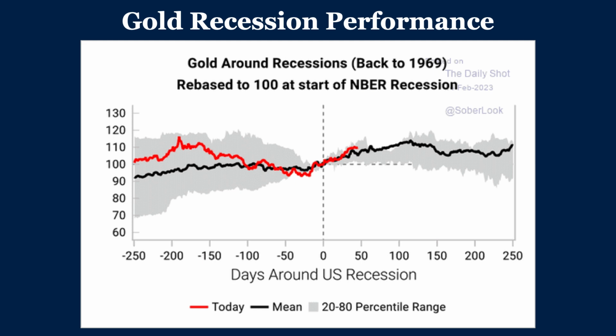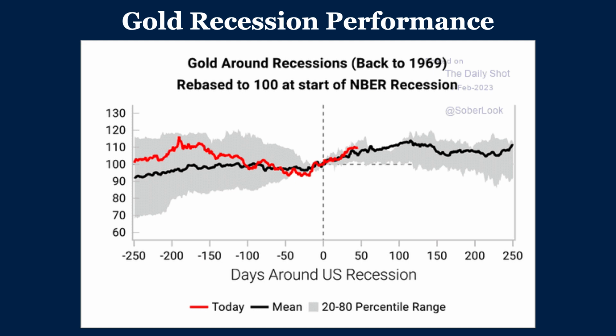And then you can see the strongest performance is when the recession hits, and basically the next 4 months. If you're looking at that over a 5 or 6 month period, that's pretty close to a 20% rebound from the low before the recession starts, to the average peak 4 months into it.